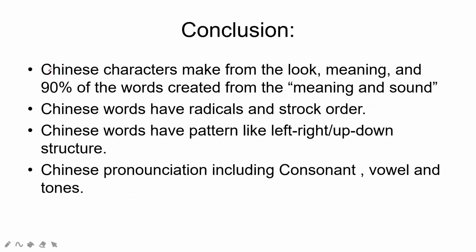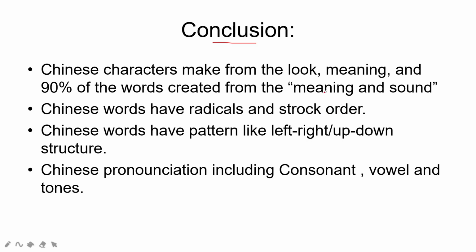Okay, last part, conclusion. Just now we learned a lot. So what did we learn in this video? First, we know that the Chinese character is made from the picture, the outlook, the image, and the meaning. And 90% of the words are created from the meaning and sound. Number 2, Chinese words have radicals and the stroke order so that the words are easier to write and easier for us to remember how to write.